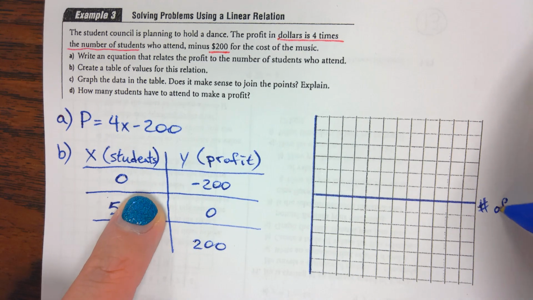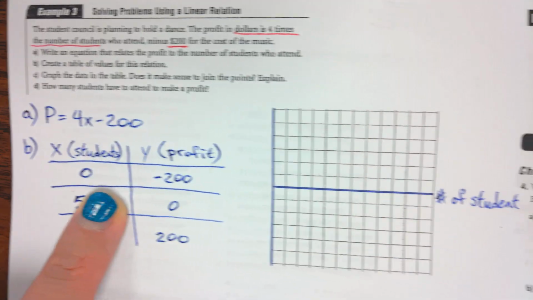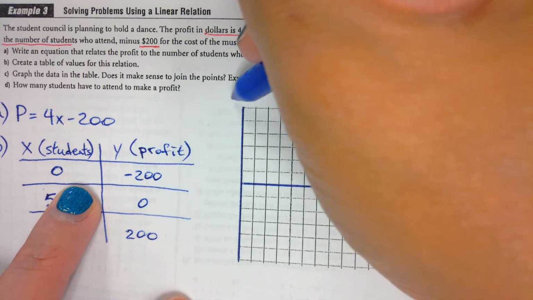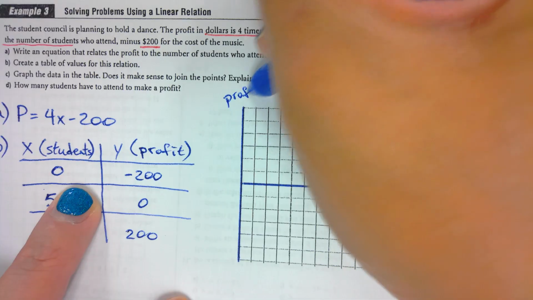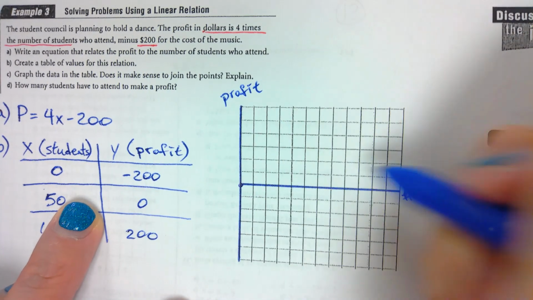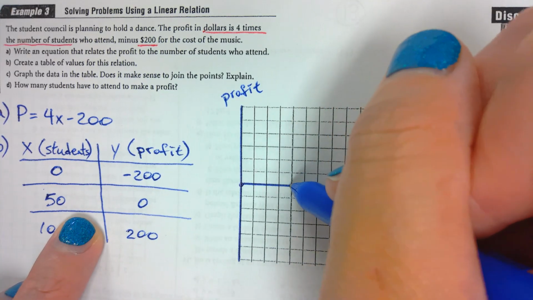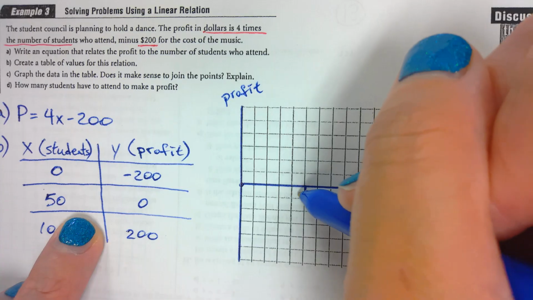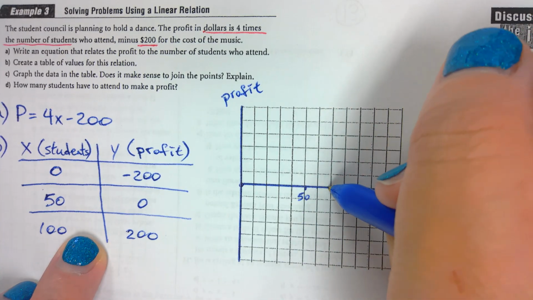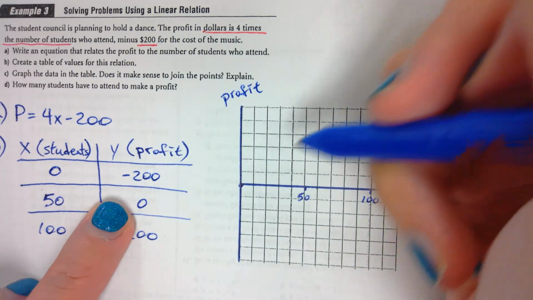Okay, so number of students. This time I do want to label my axes. Okay, profit. So 0 is right here. Let's say 50. So 10, 20, 30, 40, 50, 60, 70, 80, 90, 100. Okay.